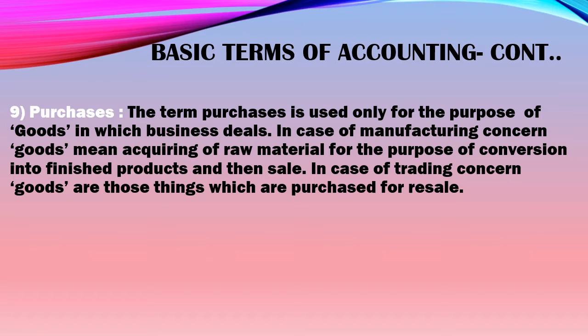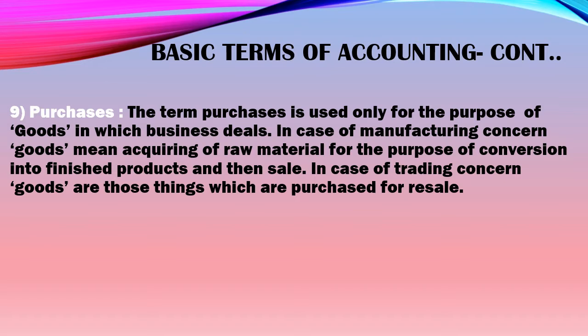Now students, the word purchase is used for those goods in which the business deals, either as raw material in the manufacturing concern or as the goods purchased for resale in the trading concern. Let us take an example. You are a furniture dealer and you purchase raw material like wood and planks to make the furniture.